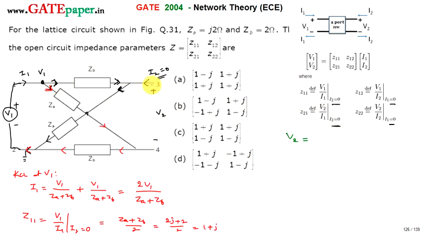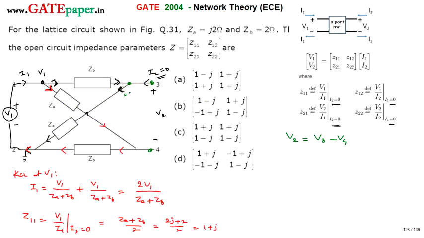V2 is nothing but the voltage between node 3 and node 4. So V2 is equal to the voltage at node 3 minus the voltage at node 4. V2 is the port 2 voltage. V3 is the voltage from this point to reference.